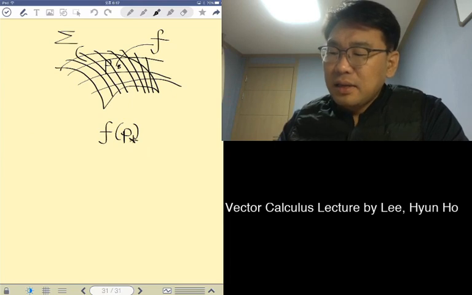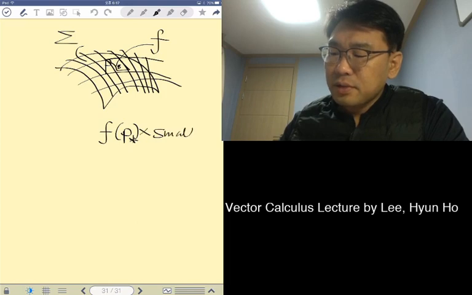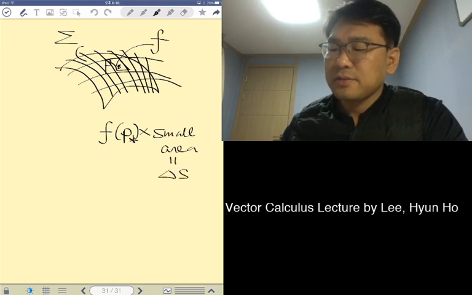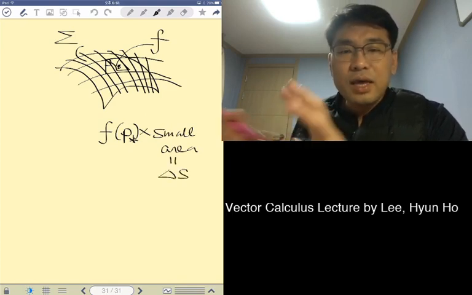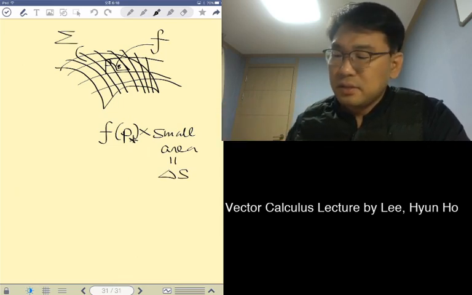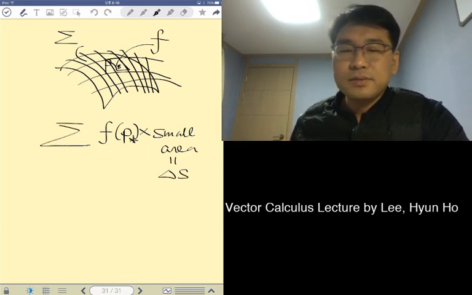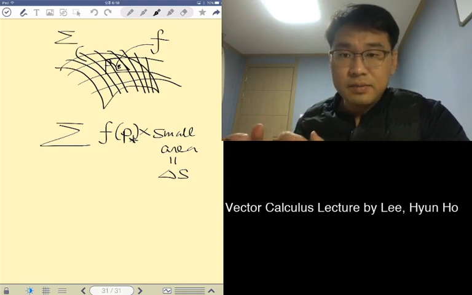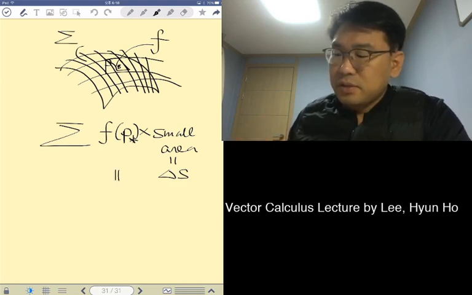Then you multiply f at that point by the small area, delta S, and add up all these things, taking the sum. This delta S is the surface area element.